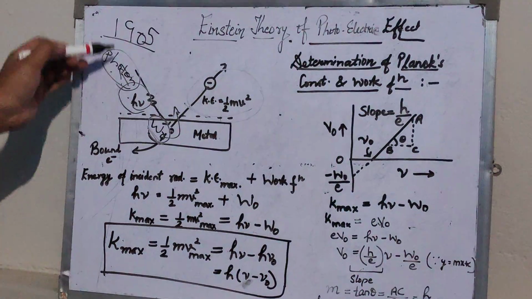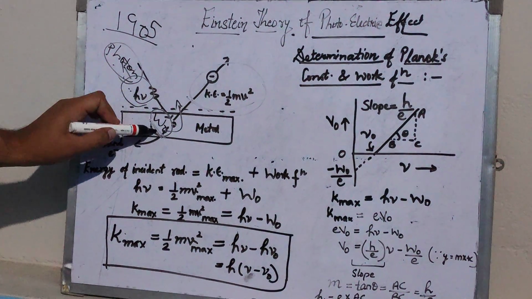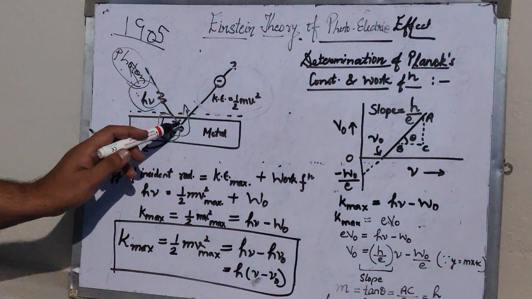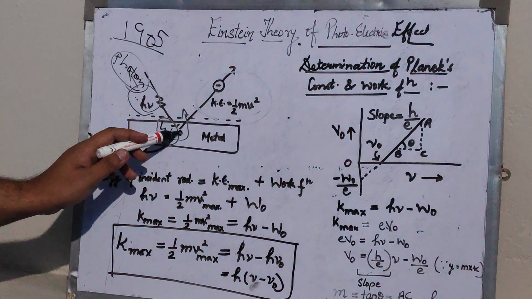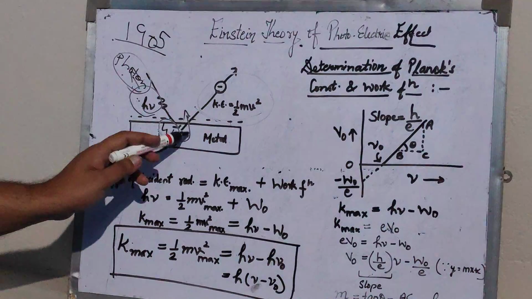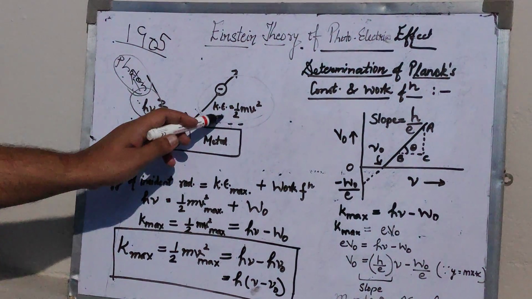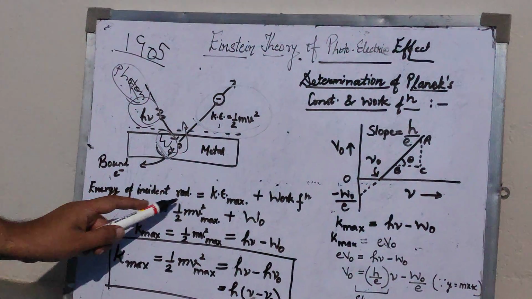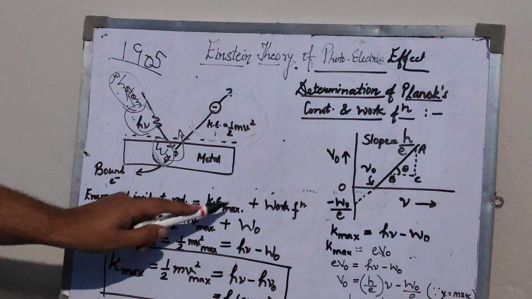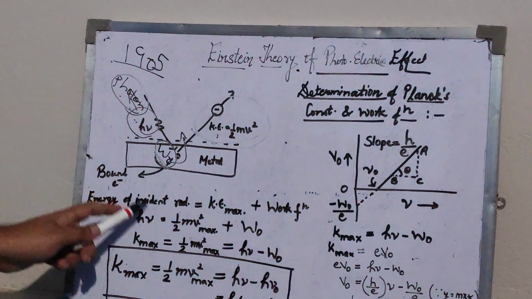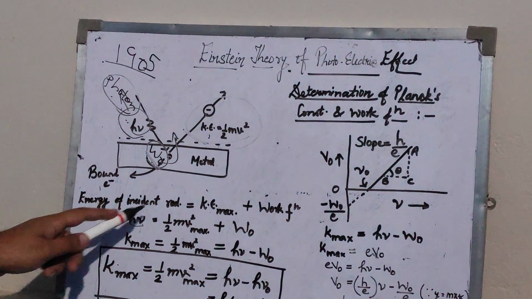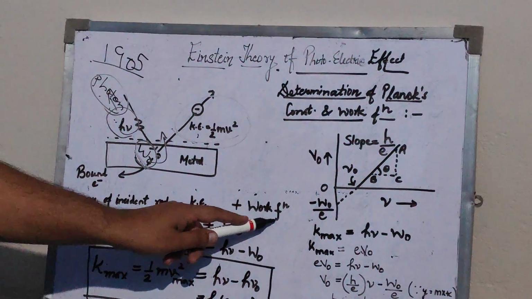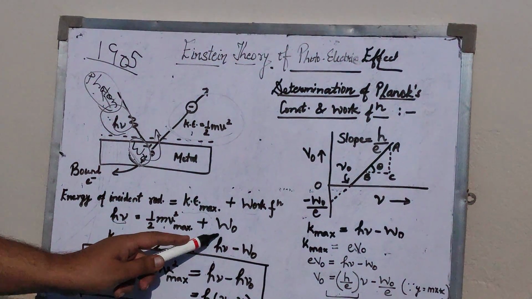So the h nu of the photon is used partly as the work function, which liberates the electron from the metal surface, and the remaining part, which removes the electron from the metal surface, is your kinetic energy, half mv square. So we can say energy of incident radiation is equal to maximum kinetic energy plus work function. Energy E is equal to h nu, maximum kinetic energy is equal to half mv square max, and work function is represented by w naught.